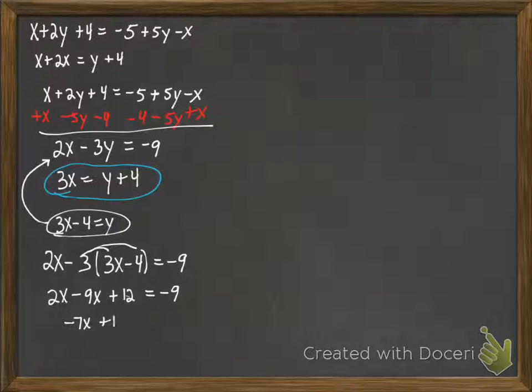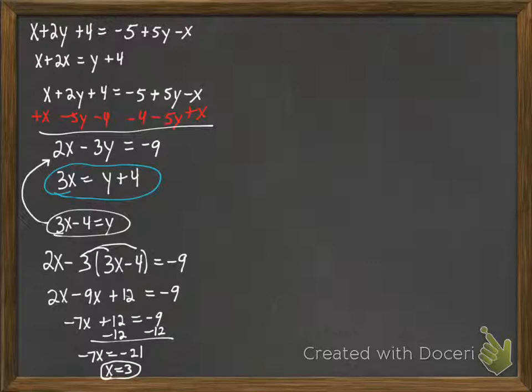Plus 12 equals negative 9. And now our equation is getting a lot easier to solve. So at this point we can subtract the 12 from both sides. We get negative 7x equals negative 21. And if we divide both sides by negative 7, we'll get our answer for x. x is equal to 3.